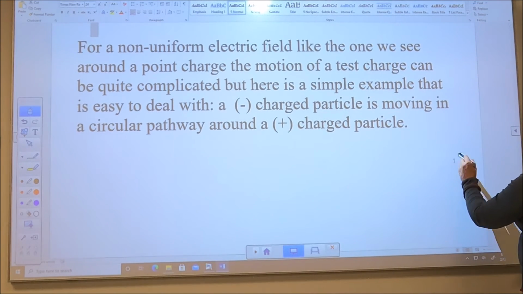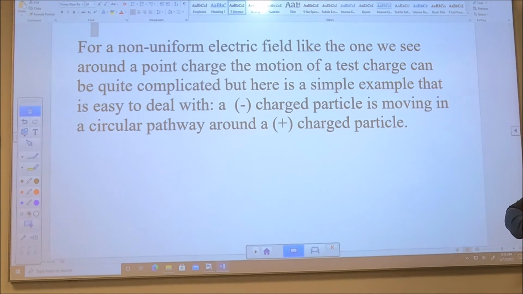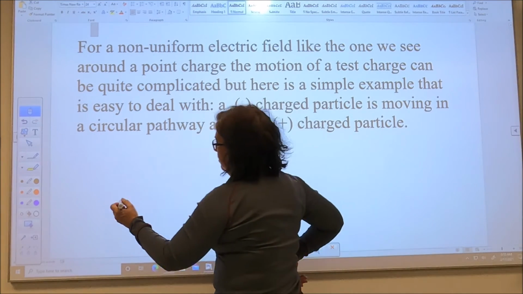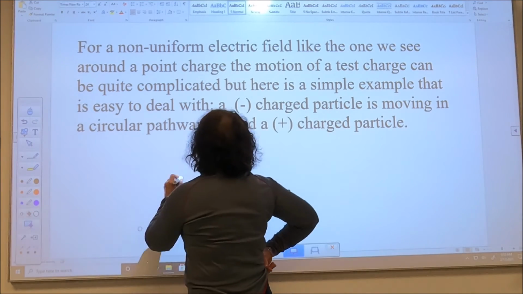Now, for a non-uniform electric field like the one that we see around a point charge, the motion of a test charge can be quite complicated. Because remember, let me draw here.